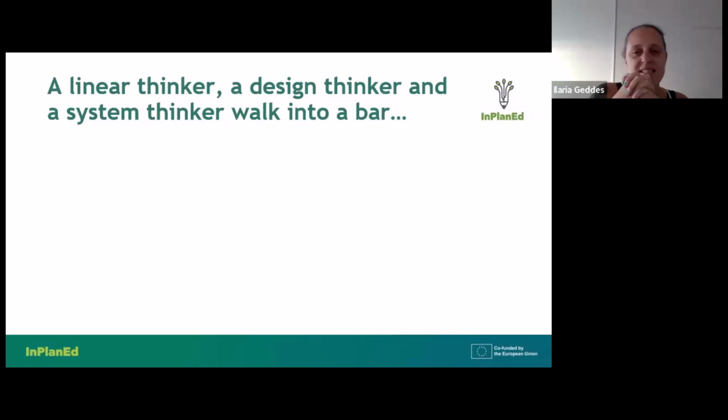I got this actually from a really good blog on the Medium platform. The title is How Jokes Normally Start. And it says a linear thinker, a design thinker, and a system thinker walk into a bar. So what's the difference between them? When I found this, I had not heard of a linear thinker.